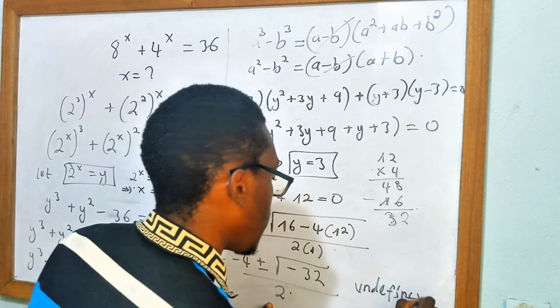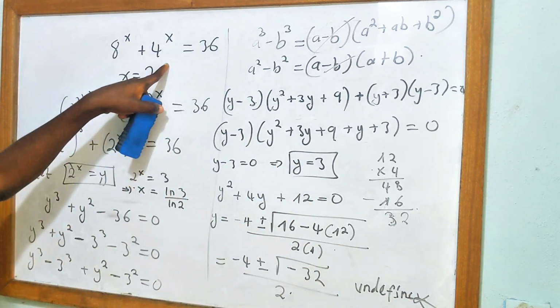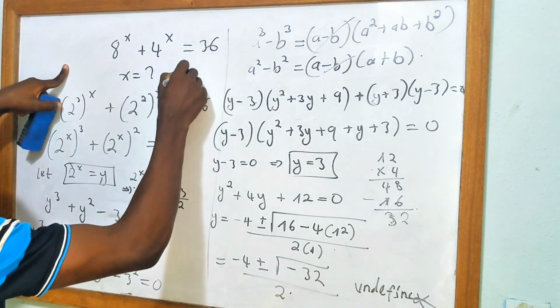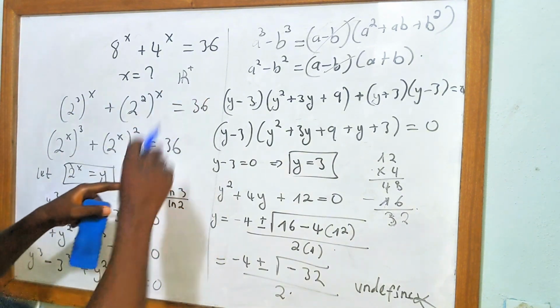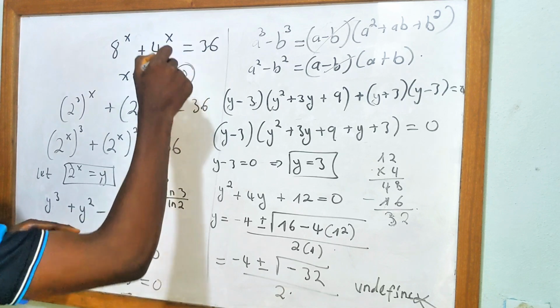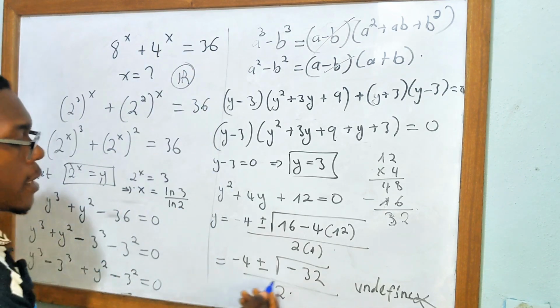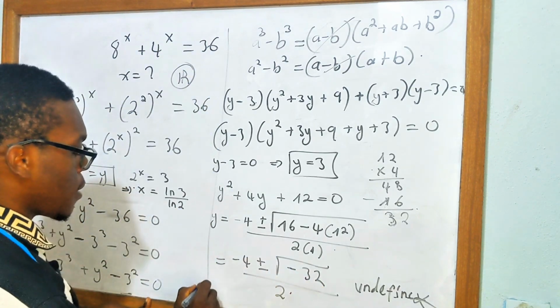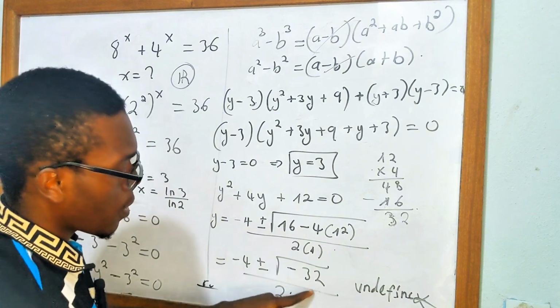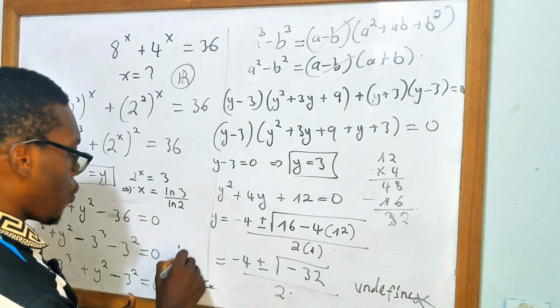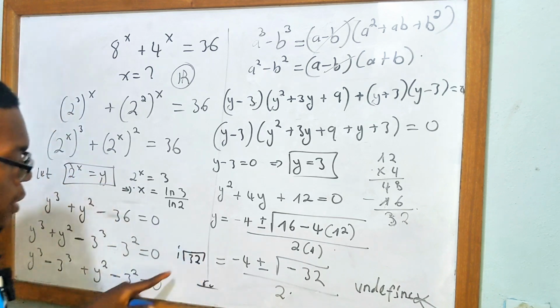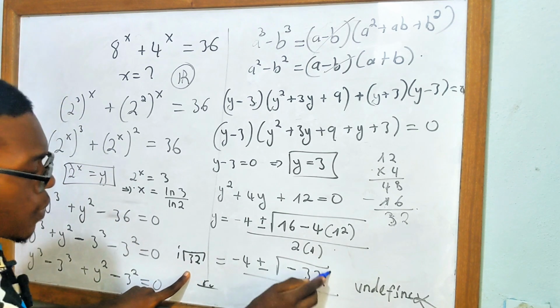Automatically, this is undefined, because we are in the set of real numbers. We cannot have an imaginary number here, because this would form a complex number, equivalent to i root 32.